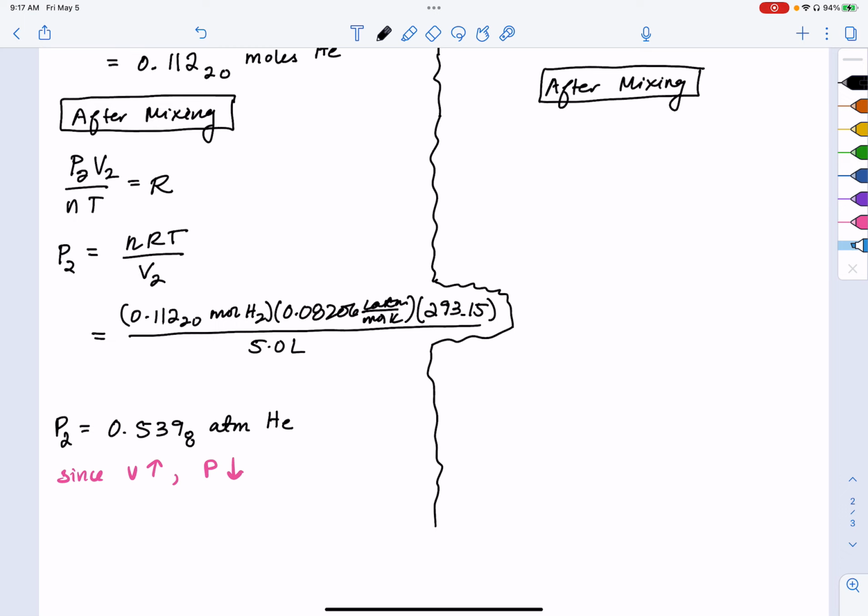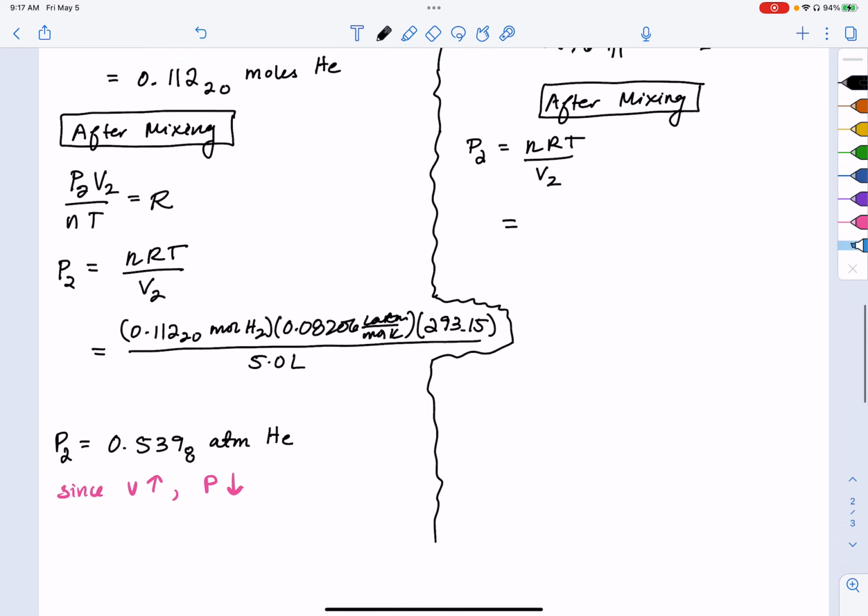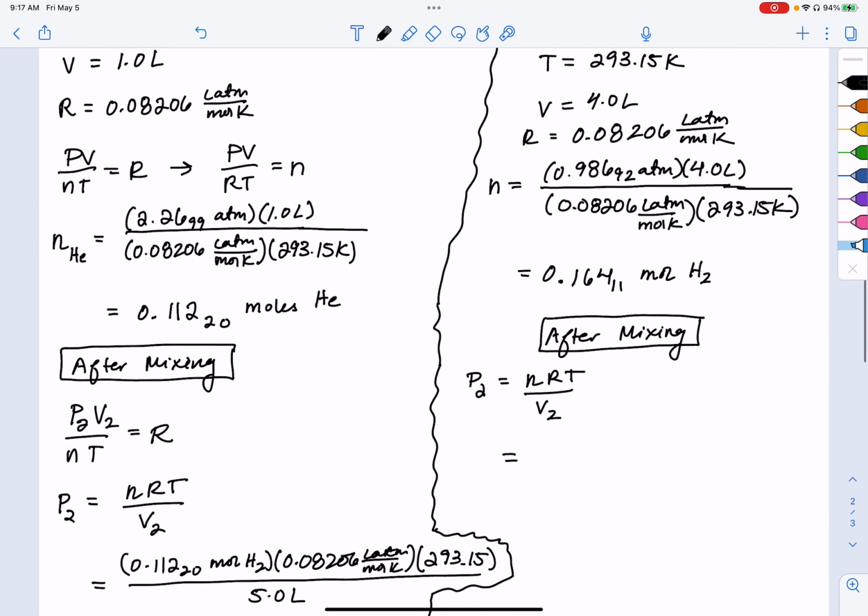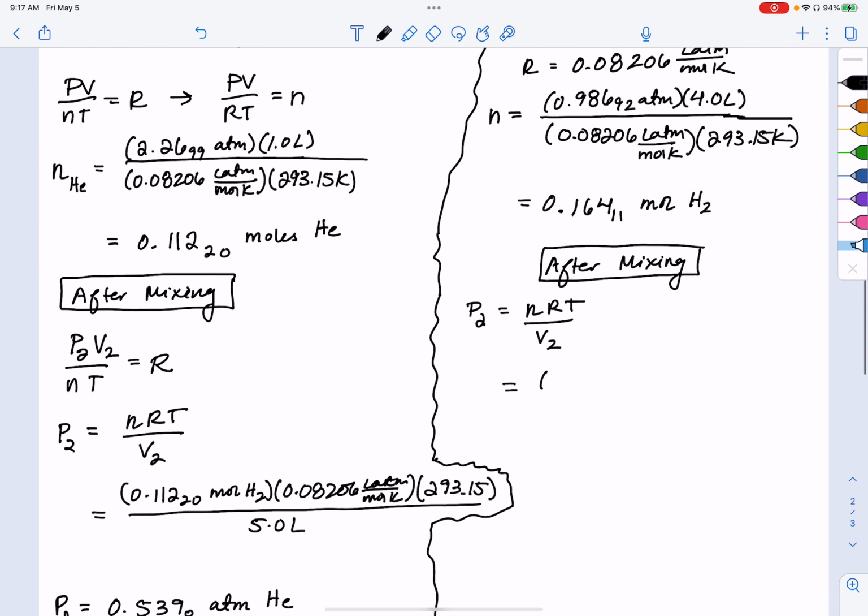Let us now do the same for our hydrogen. So again, we're going to use P2 is equal to nRT over V2. So for my hydrogen, we just solved for the amount of moles of hydrogen that is in the system. This is unchanging. We're just letting these gases mix, so all we're really doing is changing the volume.